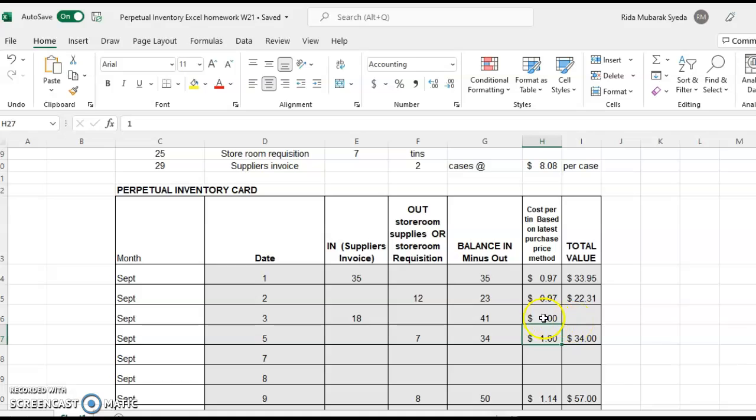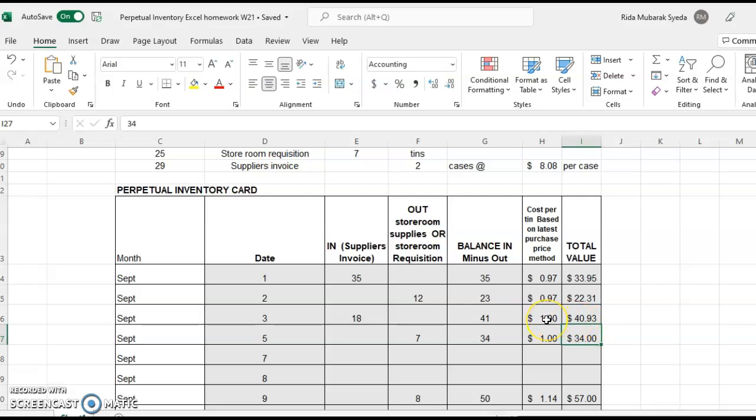So when I use this, obviously 41 times 1 is going to be 41, so let's use the cell reference again. So 41 times 1, and we'll get 40 or 1, no. Okay, so we got 40.93 as our answer.